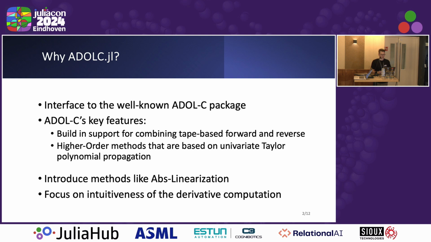ADOLC also does this by using univariate Taylor polynomial propagation, but univariate Taylor polynomial propagation in isolation is also currently available in Julia. There are also methods like the ABS linearization, which is not available in Julia but is implemented in ADOLC. In addition, we focus on intuitive access to the derivative computation.